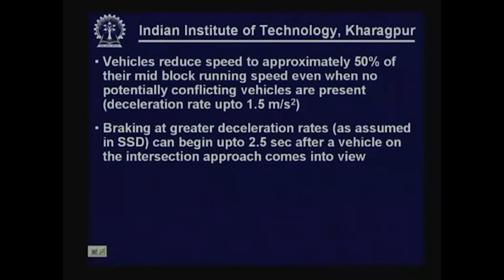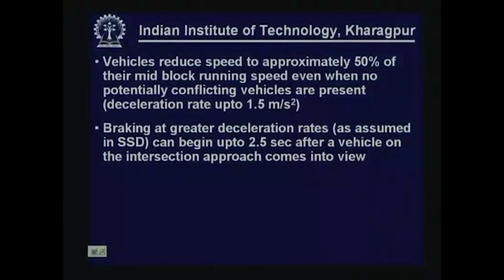That means whenever any vehicle is approaching an uncontrolled intersection, it is observed from the field that drivers normally reduce their speed to about 50% of the mid block running speed.